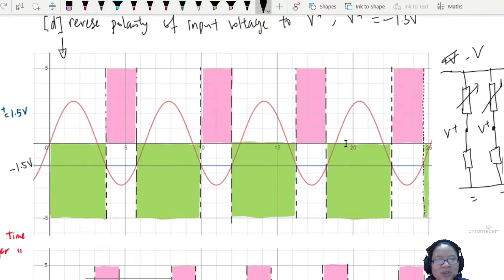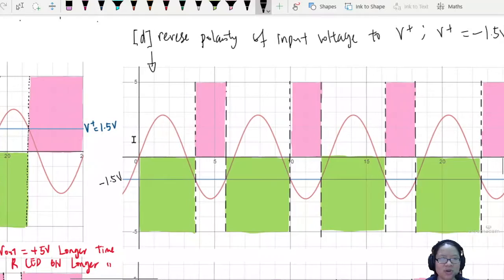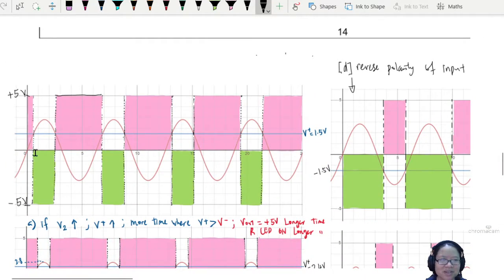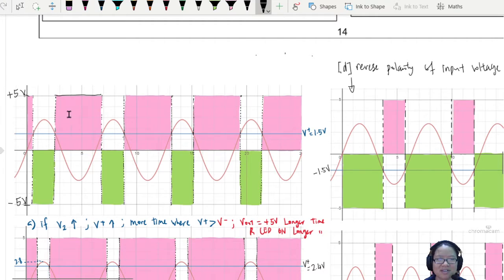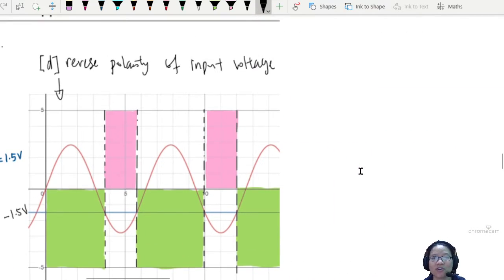It's just ratio. So for this case, you will notice that, as mentioned just now, when it's supposed to be red, it becomes green. Actually, you should check down here. See here. When it's supposed to be green, it becomes red. So the interval for R will be shorter and the interval for green will be longer.